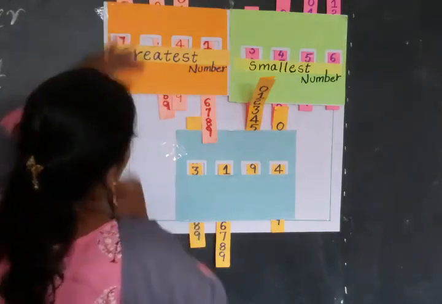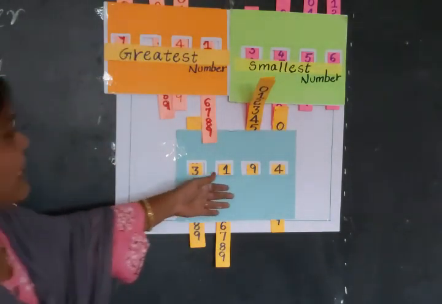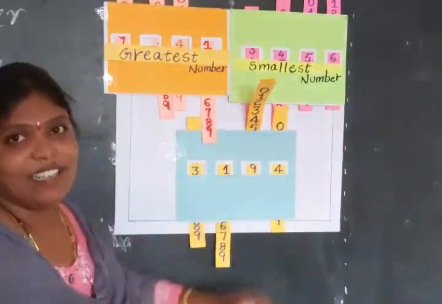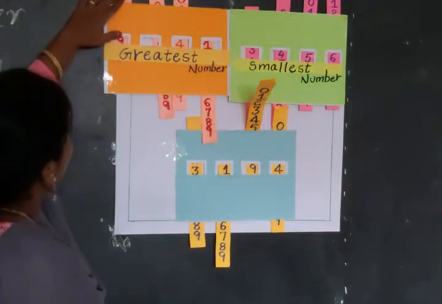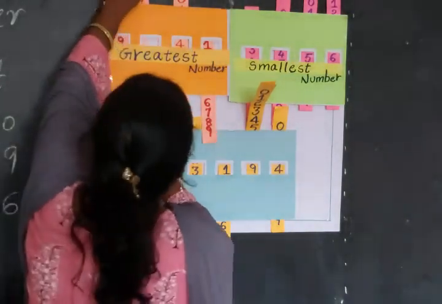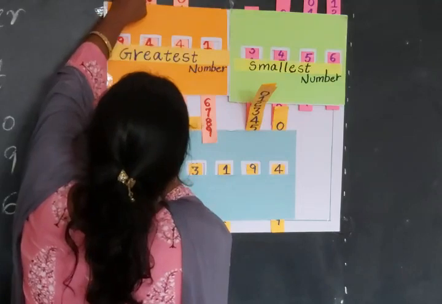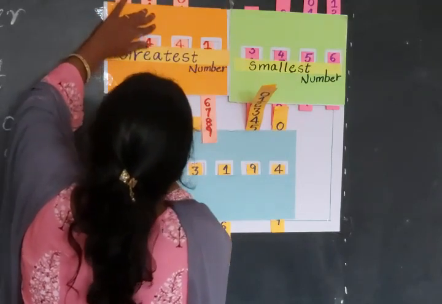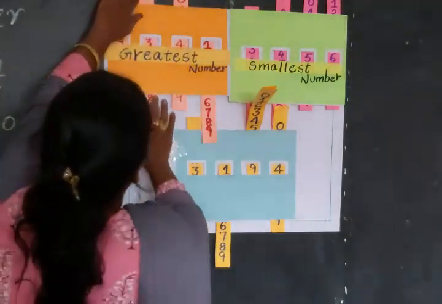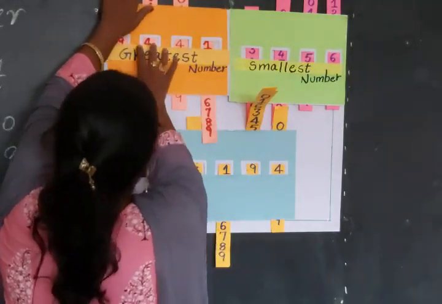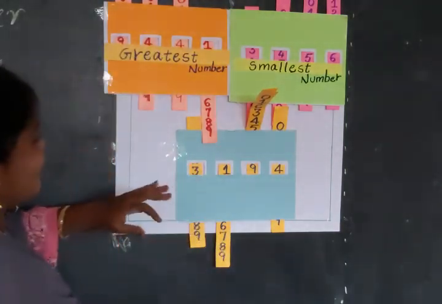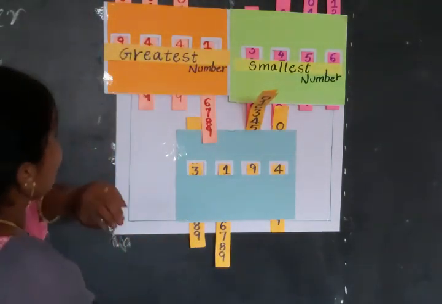So 9 here. And what is the next biggest digit? Yes, it is 4. So arrange 4 in hundreds place. And the next biggest is 3.